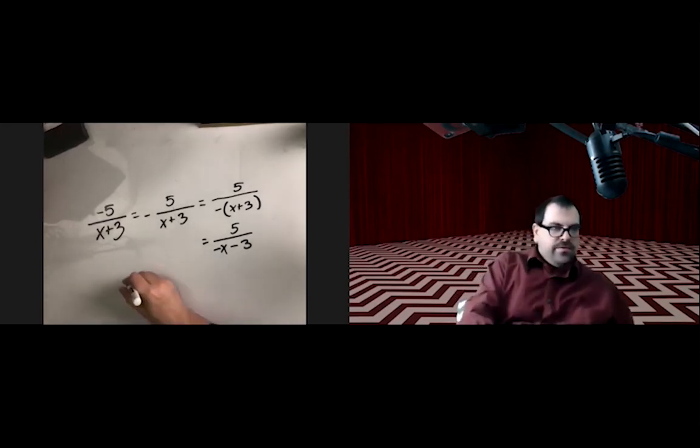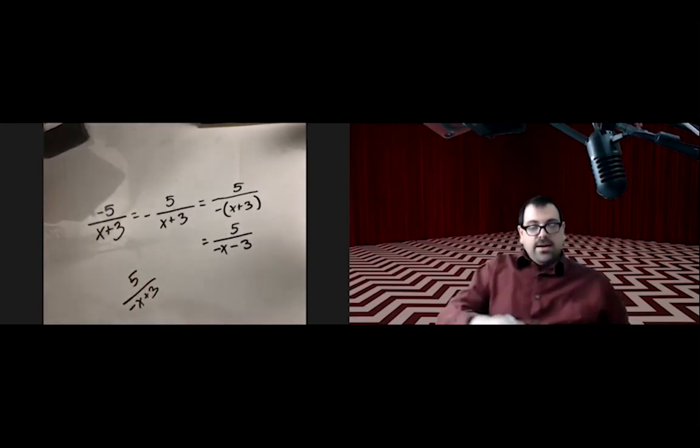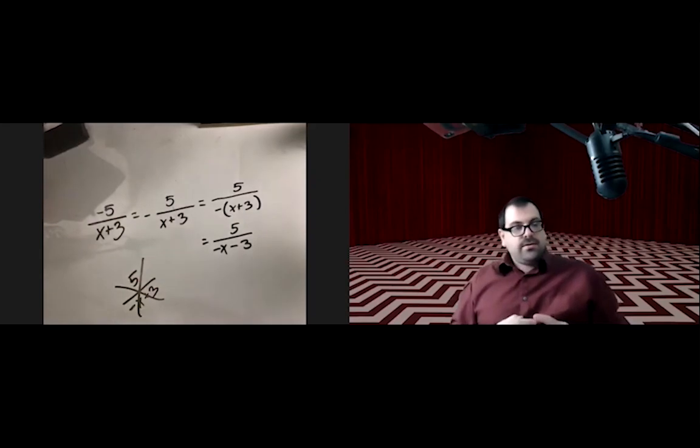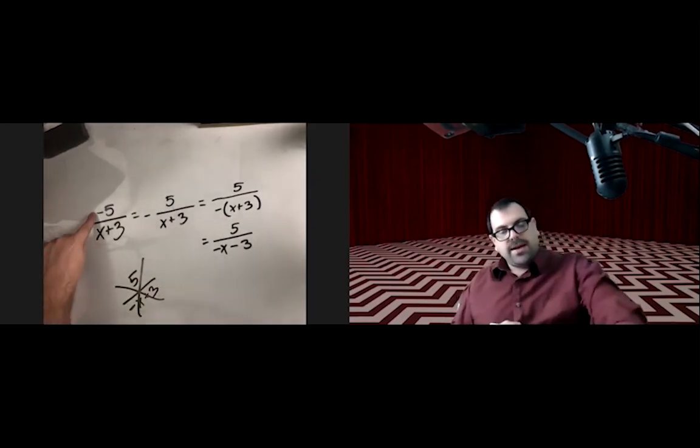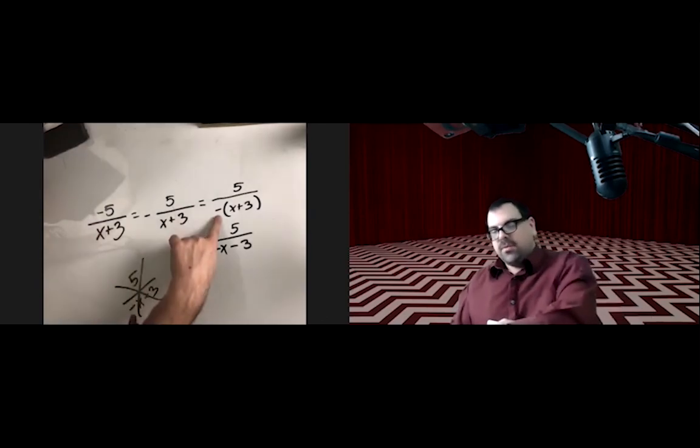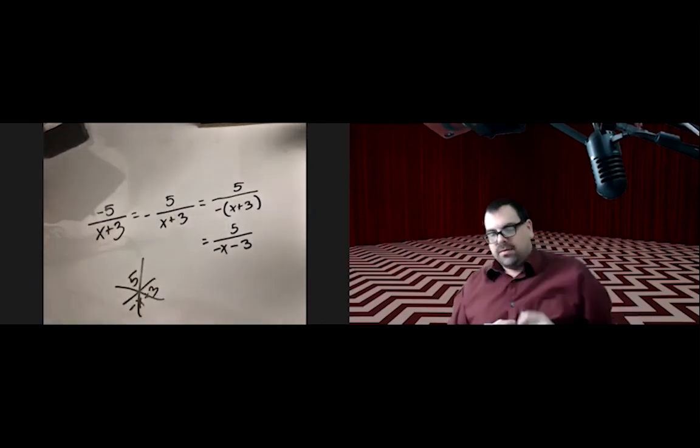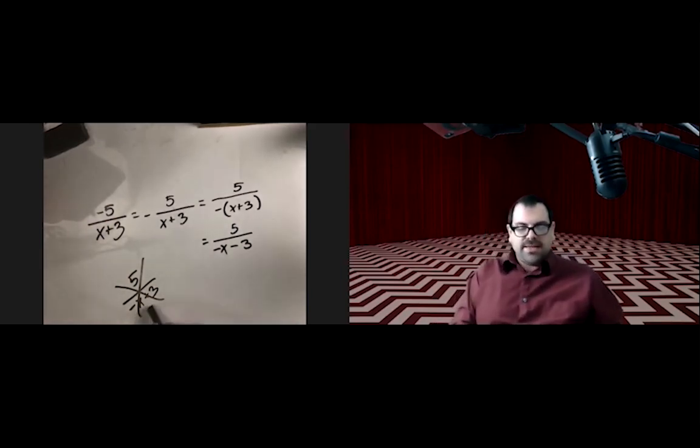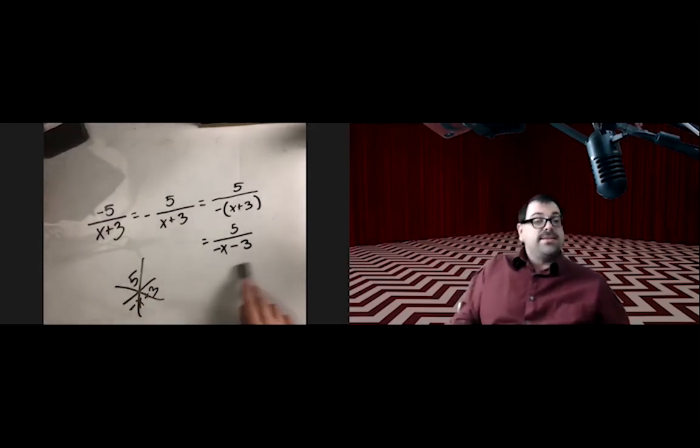But 5 over negative x plus 3 written like that, that's not correct. If you move the minus from the top to the bottom, it has to be multiplied by the entire bottom, or multiplied through. So it wouldn't be minus x plus 3, it would be minus x minus 3.